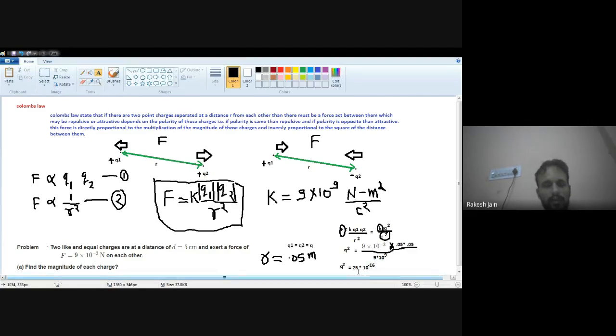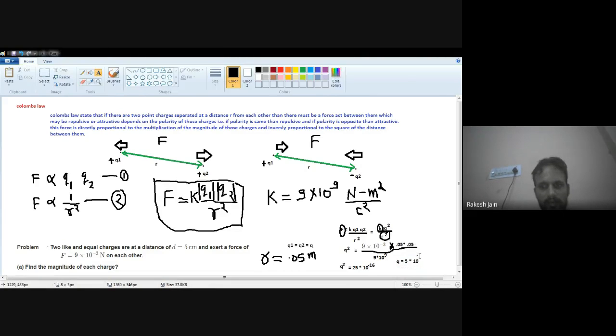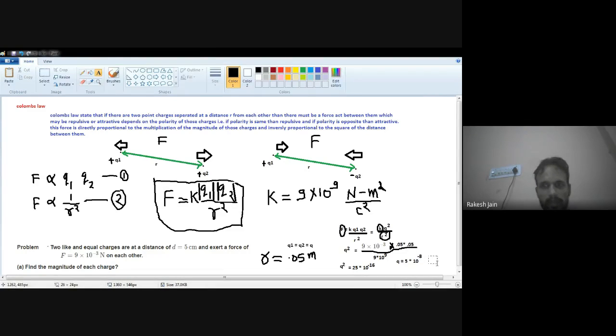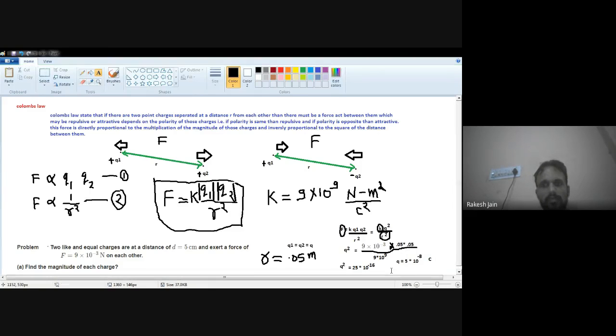So I have to find the value of Q. Q is equal to the square root of 25 multiplied by 10 to the power minus 16. So it will be 5 multiplied by 10 to the power minus 8, and this will be my answer. Coulomb is the unit, so I write C over here. This is my final answer for this question.